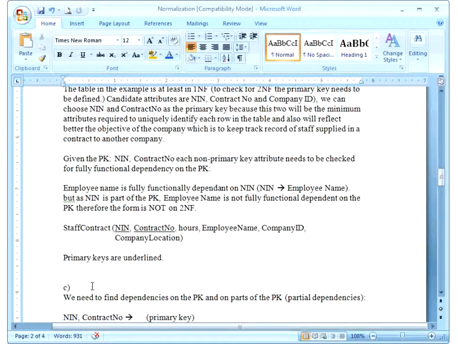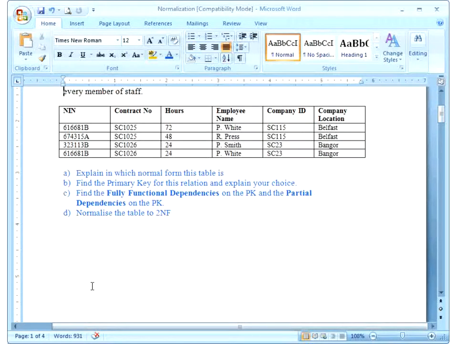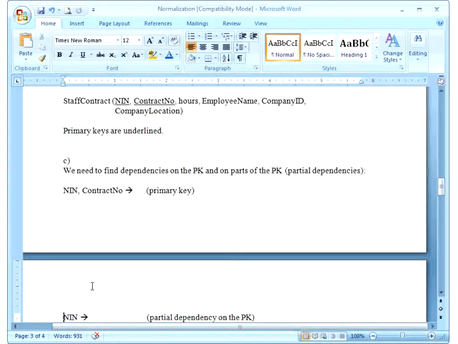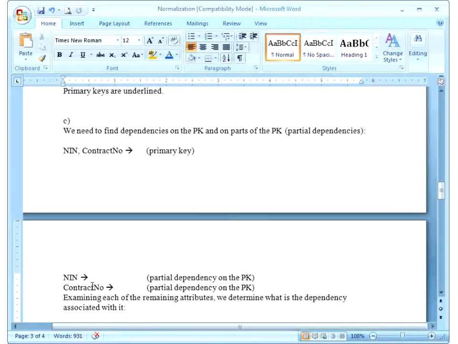The third question was to find the full functional dependencies and partial dependencies on the primary key. National insurance number and contract number together form the primary key, and each of them alone is only a part of the primary key.